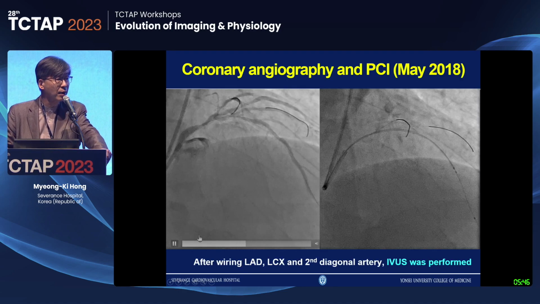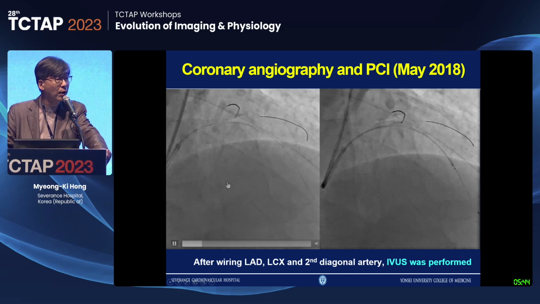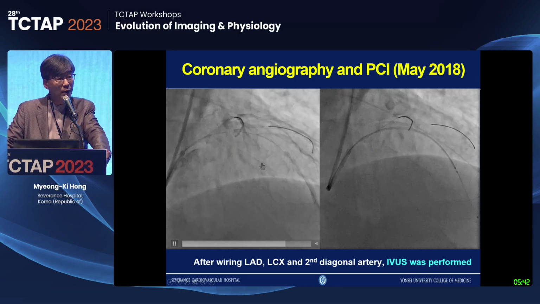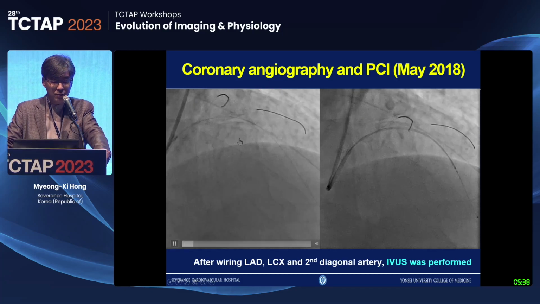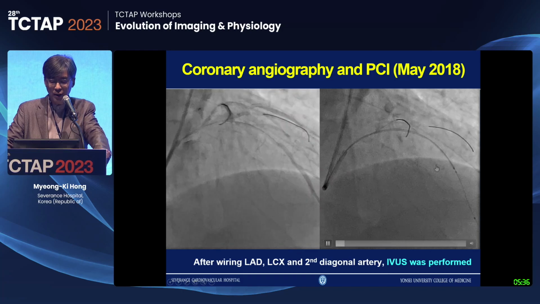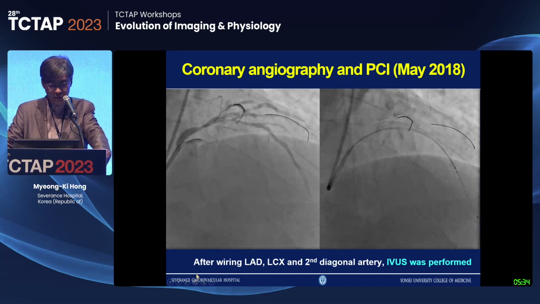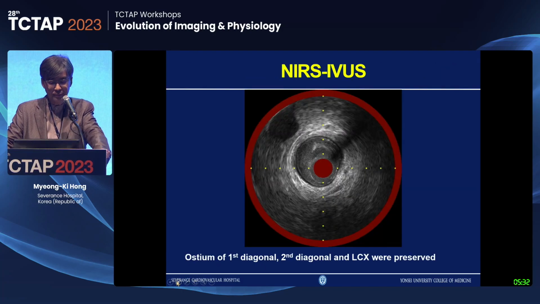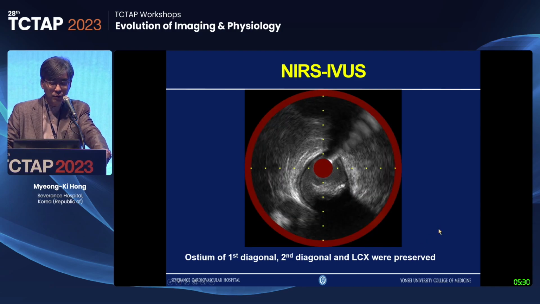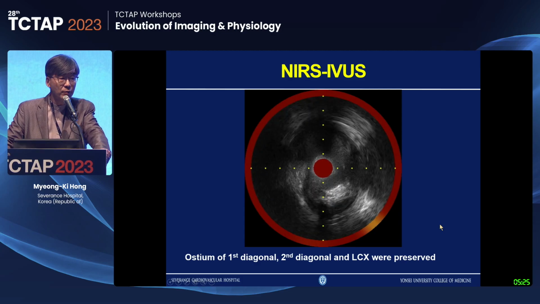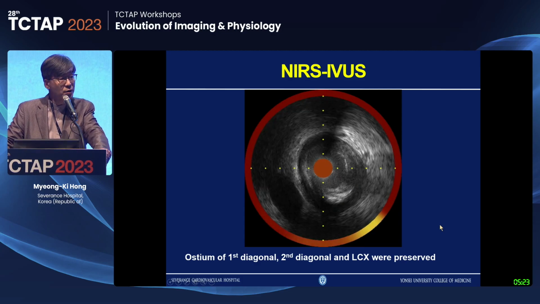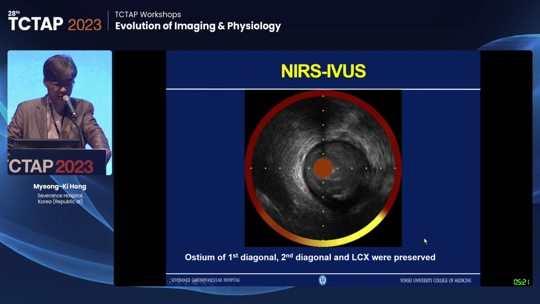We did a PCI. Anyhow, the first step is the intravascular imaging and the wiring in the circ and the second diagonal branch and the LAD, and the dual IVUS. The IVUS image run shows, fortunately, the ostium of the big side branch vessel was relatively preserved.